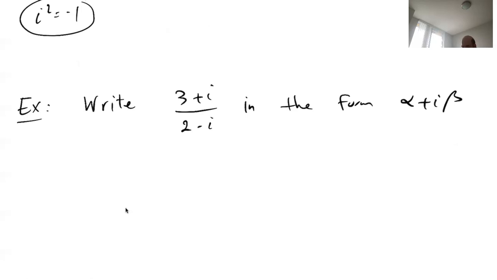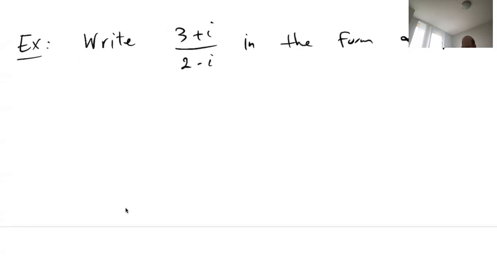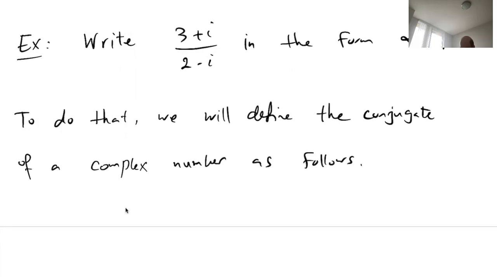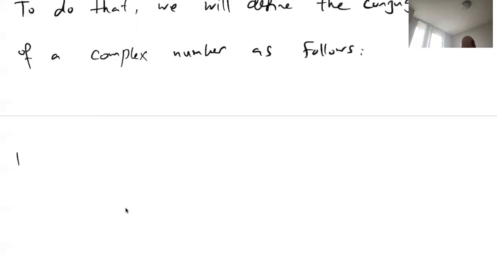So we will define the conjugate of a complex number as follows. The definition: let z equals alpha plus i beta be a complex number.